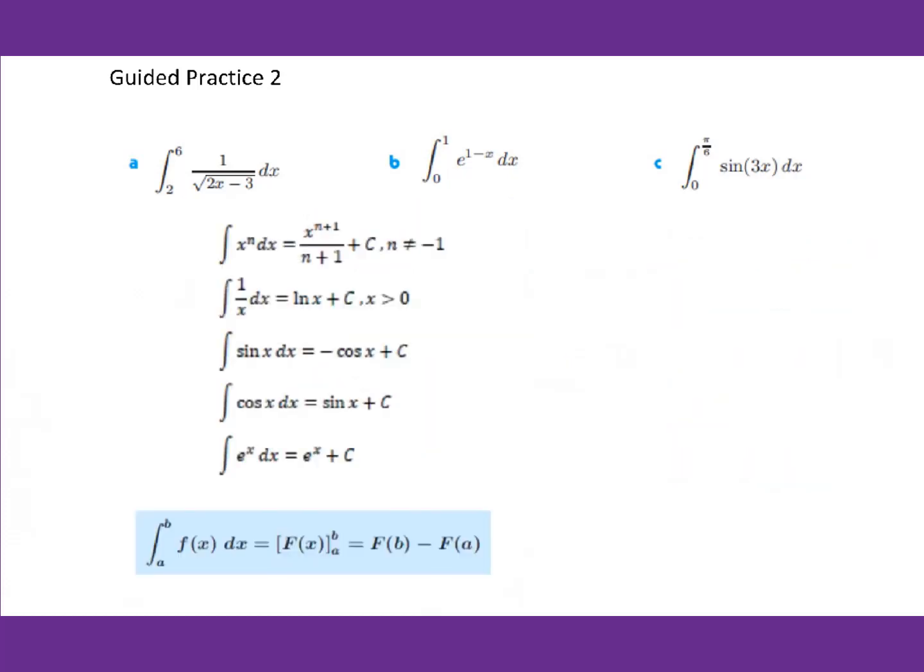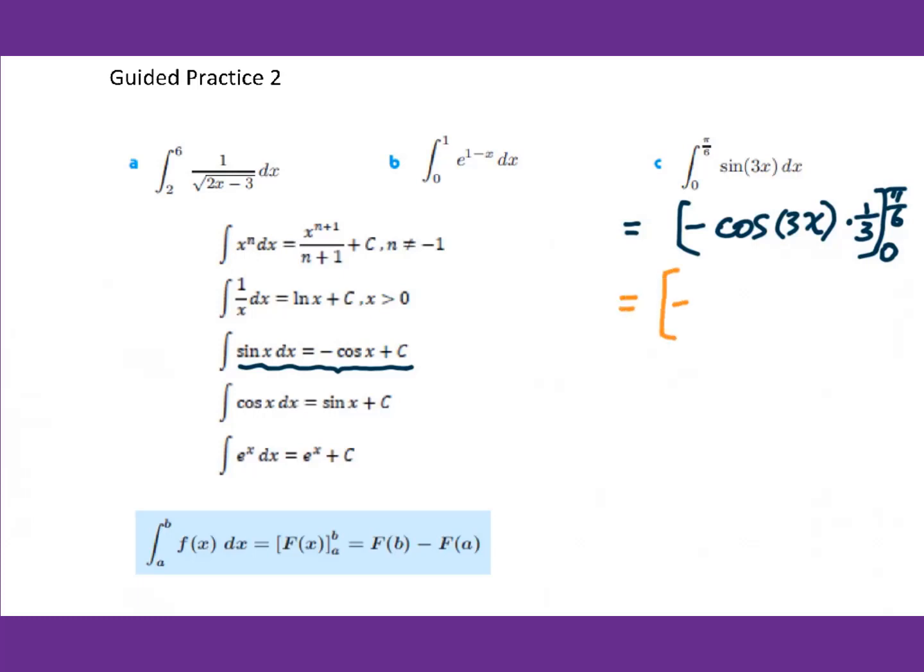Let's go to C. According to this formula, you will get negative cosine 3x multiplied by 1 over 3 from 0 to pi over 6. Organize, you will get negative 1 over 3 cosine 3x from 0 to pi over 6.